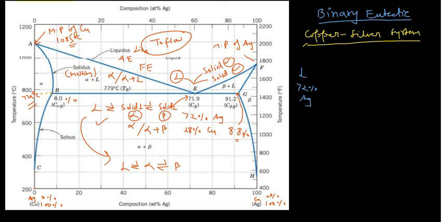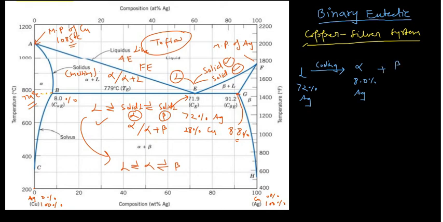And you see here, if you do the cooling, cooling the system, what will happen, you end up with the alpha phase, and that alpha phase would have 8.0 weight percent of the silver plus beta phase.